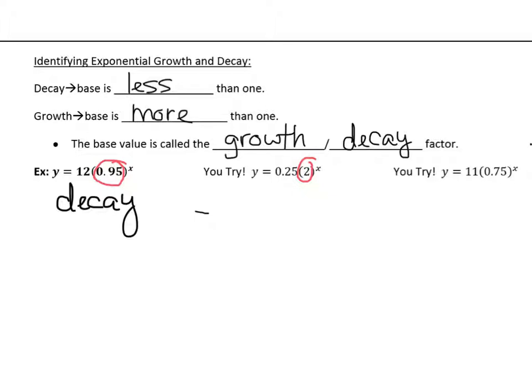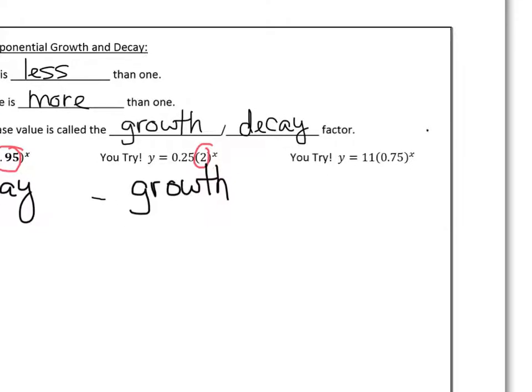The base is only the number attached to the exponent. 2 is more than 1, which means this one is growth. The second Try, the number that you should have based it off of was 0.75, not the 11. 0.75 is less than 1, so we call this decay.